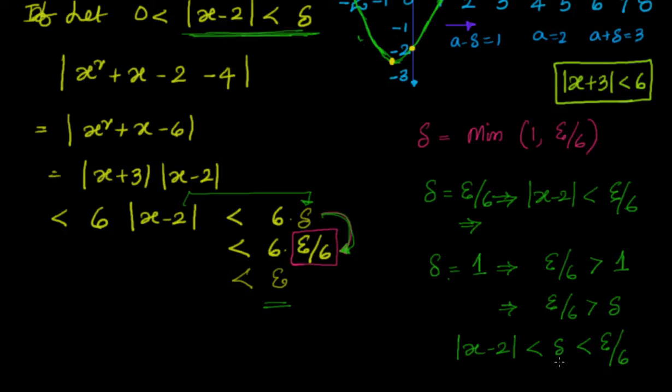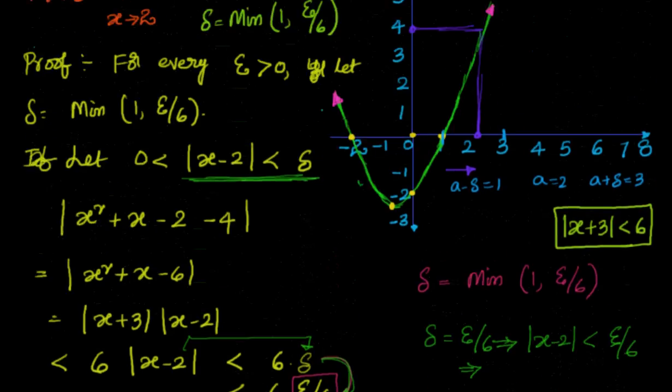Therefore, instead of delta, I can write epsilon by 6, which is a greater value than delta. In the first case, where the minimum of 1 comma epsilon by 6 is epsilon by 6, I can straightforwardly say delta equals epsilon by 6. This is how we will prove it.